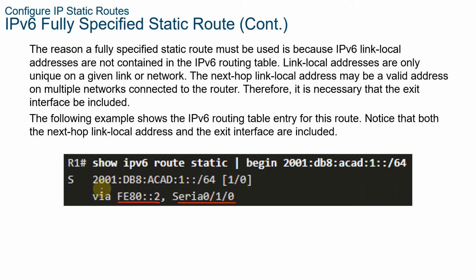That means to reach 2001:DB8:ACAD:1::/64, we can reach it via the next hop IP address here and Serial 0/1/0 here as the exit interface. So that's it.